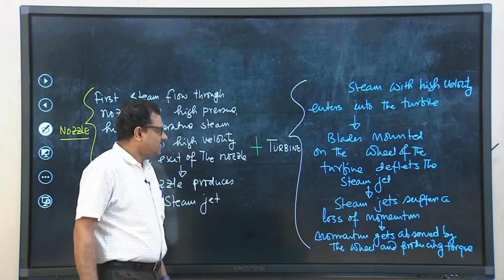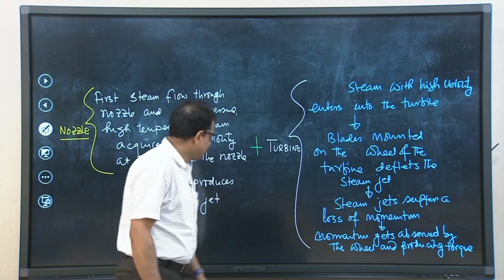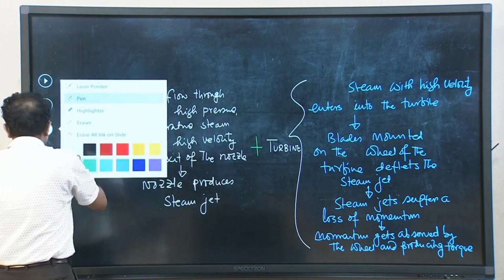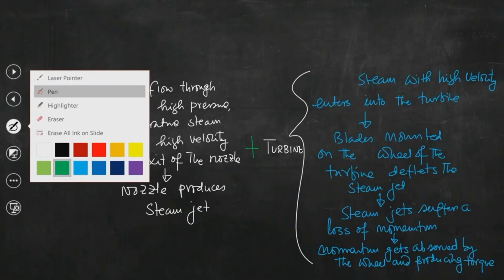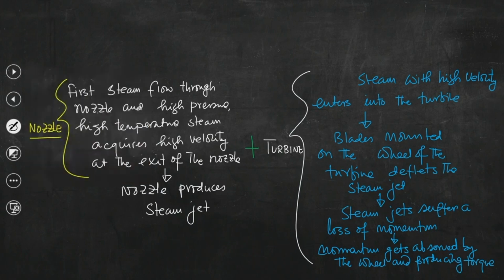Now, the most important part here, if I underline, is this one: that steam jets suffer a loss of momentum, and that is what is created by the blades.